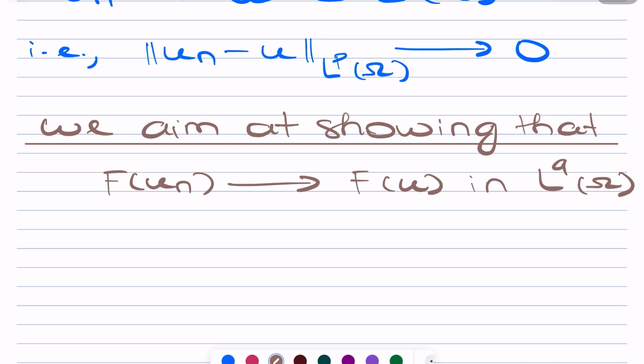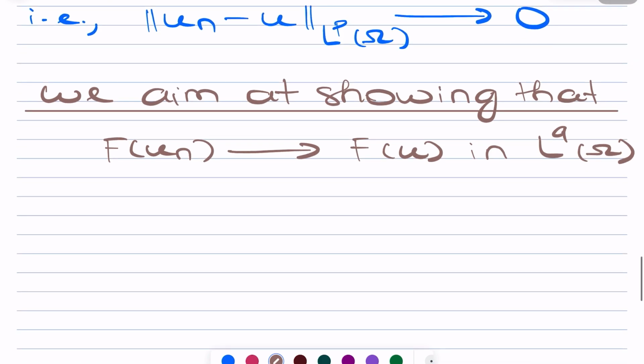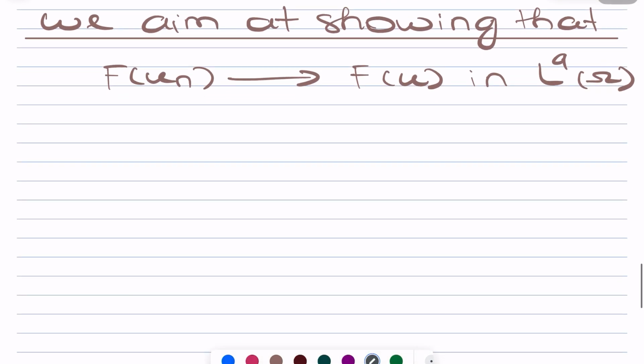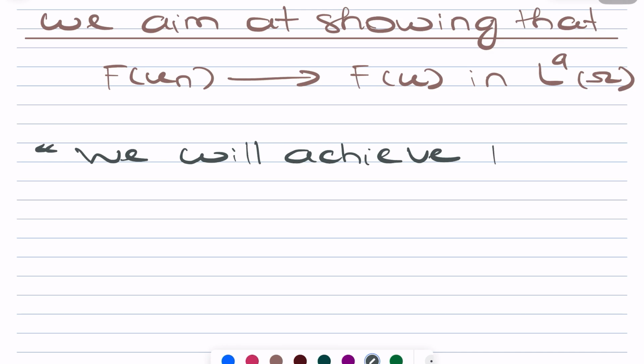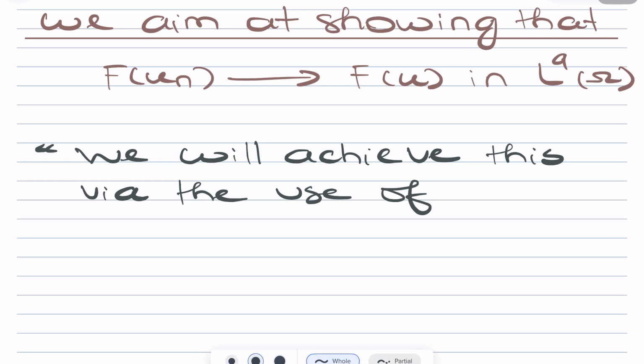So we are going to achieve this via the use of the dominated convergence theorem, DCT.